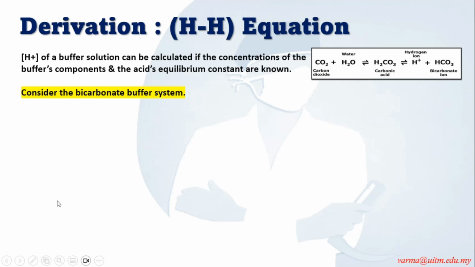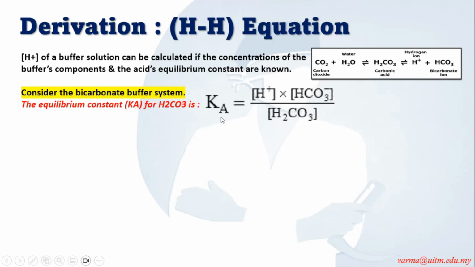Okay. The equilibrium constant Ka for H2CO3 is Ka equals, we are not putting P here because we haven't logged it yet. Okay, we haven't taken the logarithm yet. So that's why it's called Ka. So the Ka, the acid dissociation constant for carbonic acid in this bicarbonate buffer system, is Ka equals H plus times HCO3 minus divided by H2CO3.